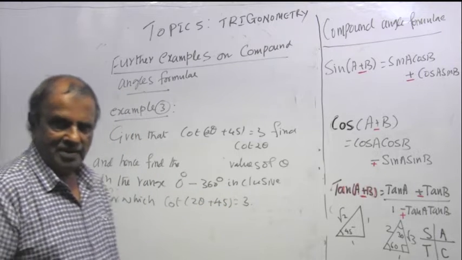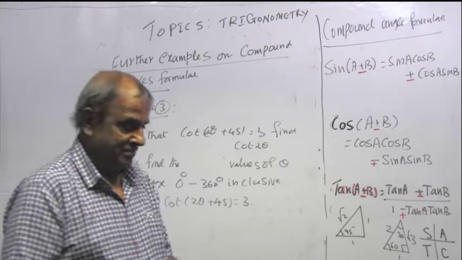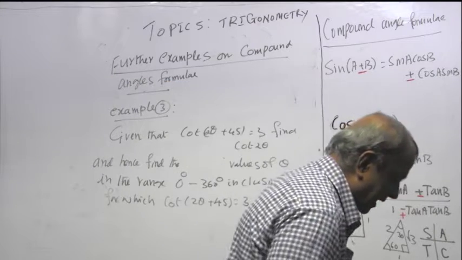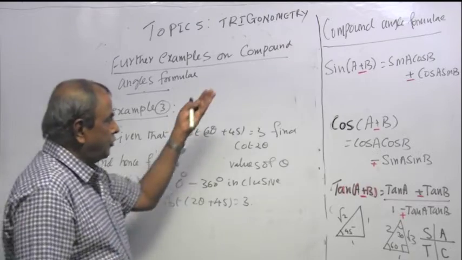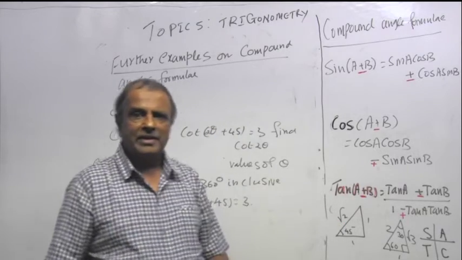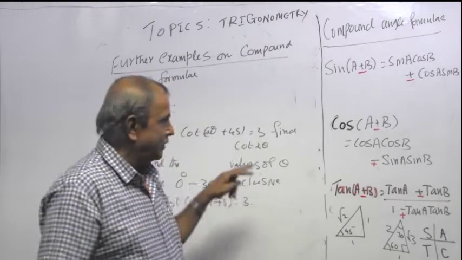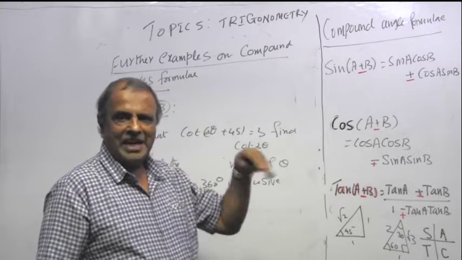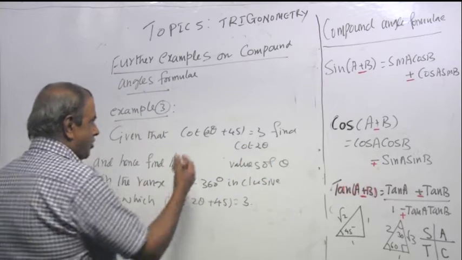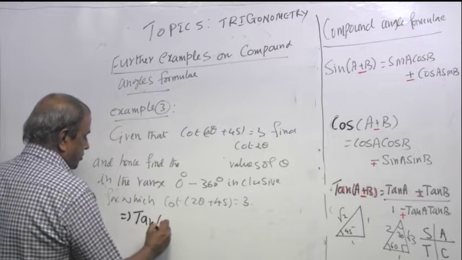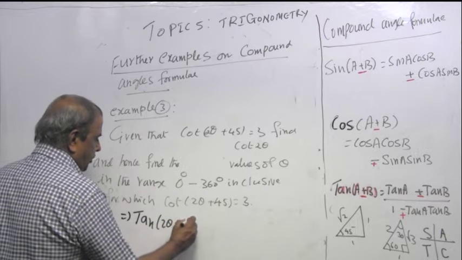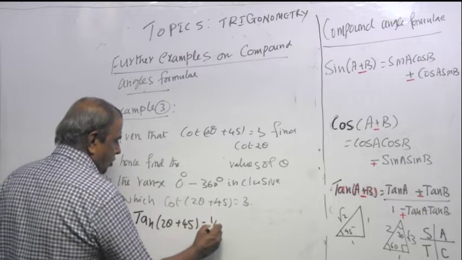I just made up that question based on a question I remembered from somewhere else. There is no formula for cot of A plus B, but we have a savior: cot is 1 over tan, tan is 1 over cot. So tan of 2 theta plus 45 is equal to 1 over 3.